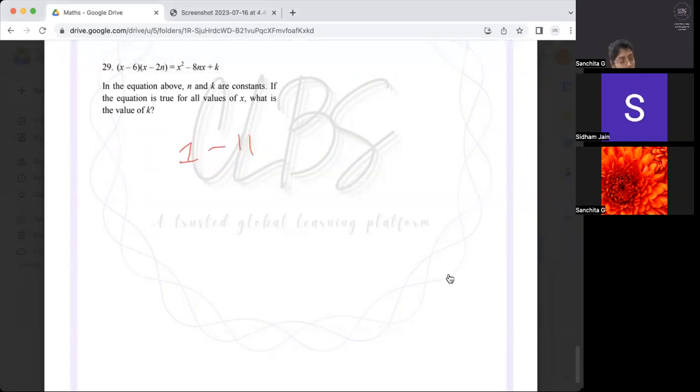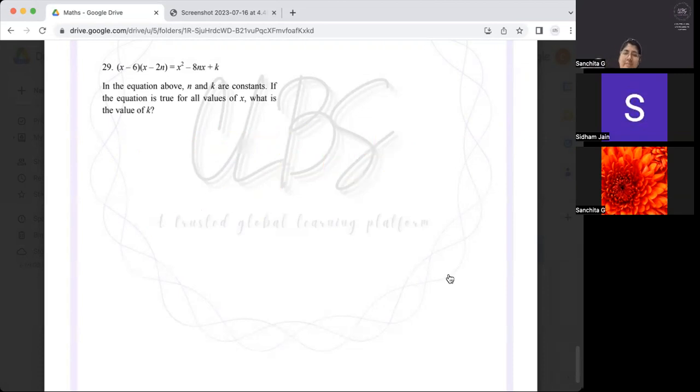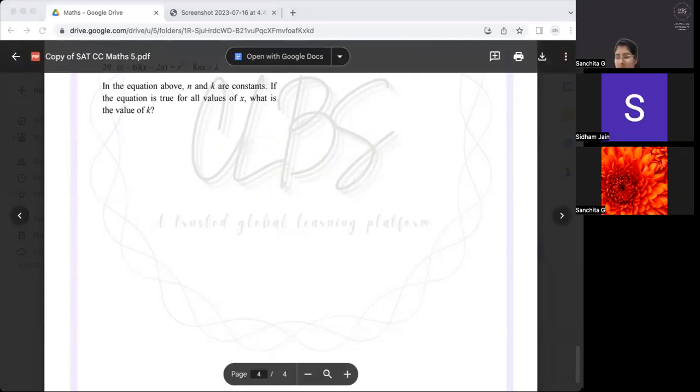You can practice similar questions we have. Question 1 to 11 and question 22 to 29. I'll see, if I am done with the theory part today, I will take up questions from this set. Nothing new really. We just have to keep on practicing different stuff. So far, tell me any doubt. All clear, right?